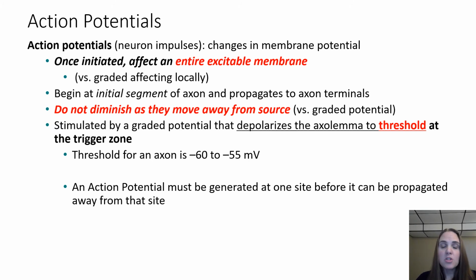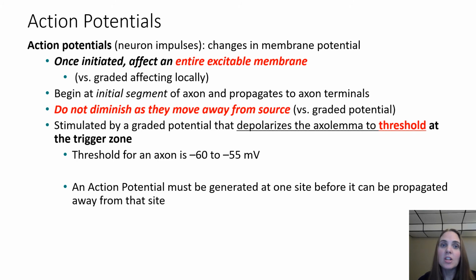With the action potential, once we reach that threshold to start the action potential, the entire excitable membrane is going to be affected. So this action potential begins at that initial segment of the axon, the very beginning, right next to the cell body, and it's going to propagate or travel all the way down to the axon terminal at the end of the neuron.